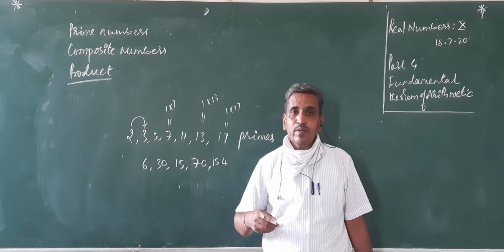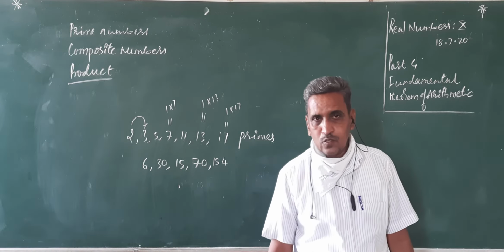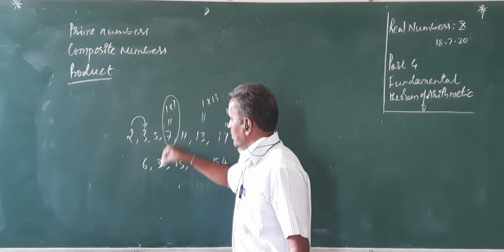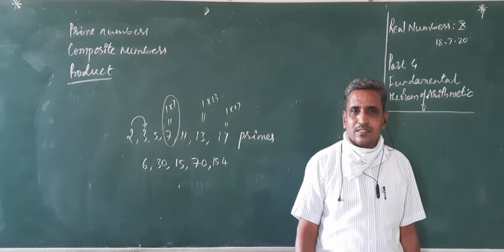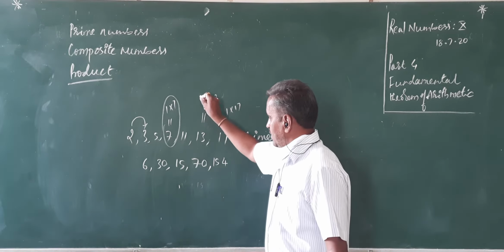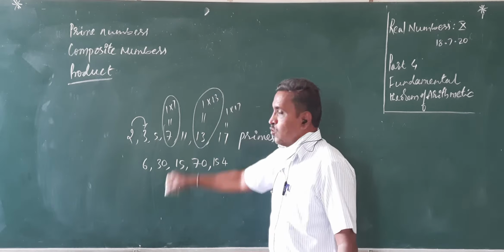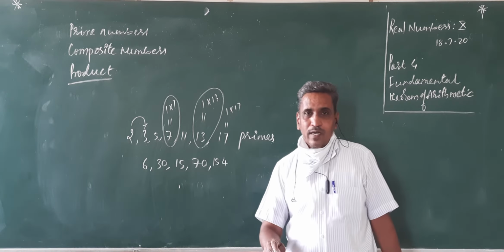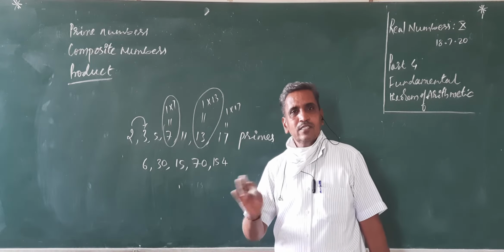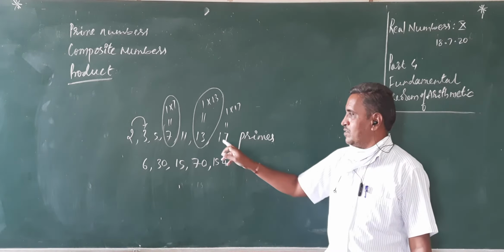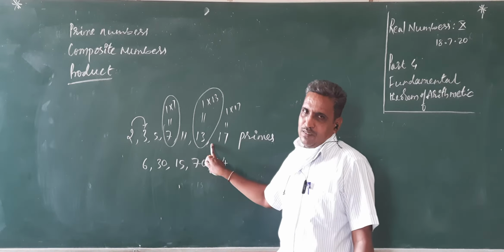So like that you can give many big numbers. The observation is that the numbers which have only two factors, 1 and itself, meaning only two numbers divide the given number completely, are said to be prime numbers.